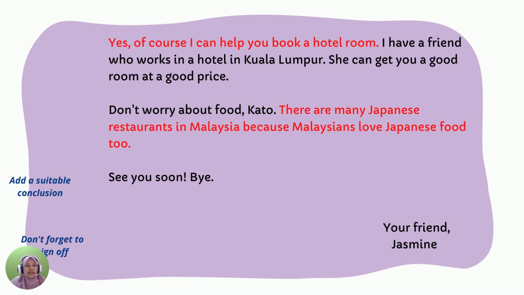Yes, of course, I can help you book a hotel room. I have a friend who works in a hotel in Kuala Lumpur. She can get you a good room at a good price. Don't worry about food, Katu. There are many Japanese restaurants in Malaysia because Malaysians love Japanese food too. See you soon. Bye. So add a suitable conclusion and don't forget to sign off.